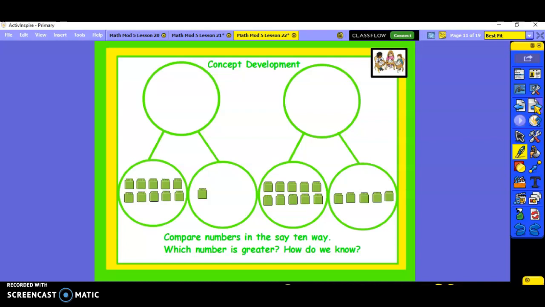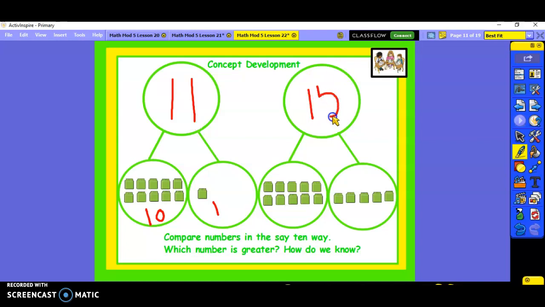Okay, so we're going to compare the numbers the Say 10 way, and talk about which number is greater. If I look at my first number bond, I see 2 parts. I see 10, 1. I know that 10, 1 is 11. And if I look at my second number bond, I see 10, 5.